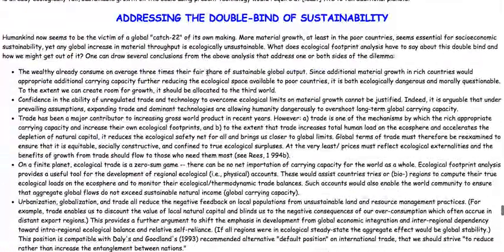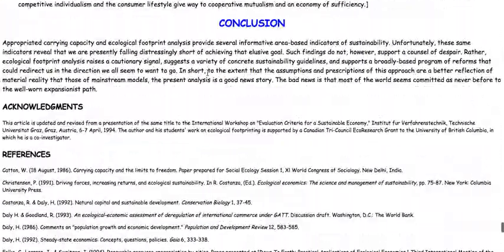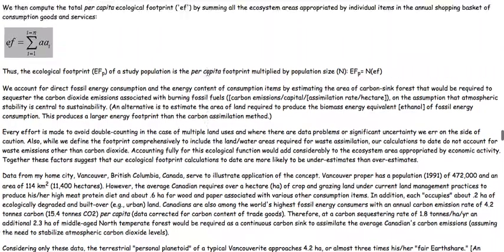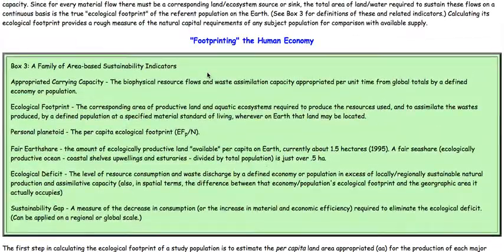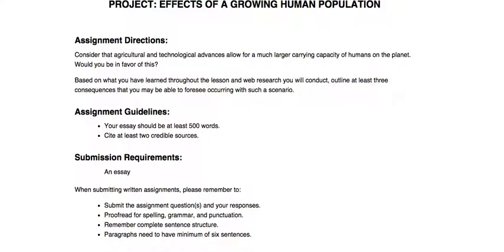So I want you to read this, and take what you've read from this, go back to the project, and tell me in part one, are you in favor of allowing for agricultural and technical advances, allowing for a much larger carrying capacity, and why?